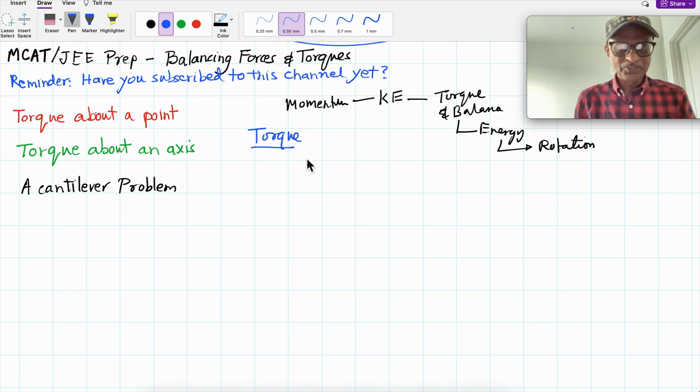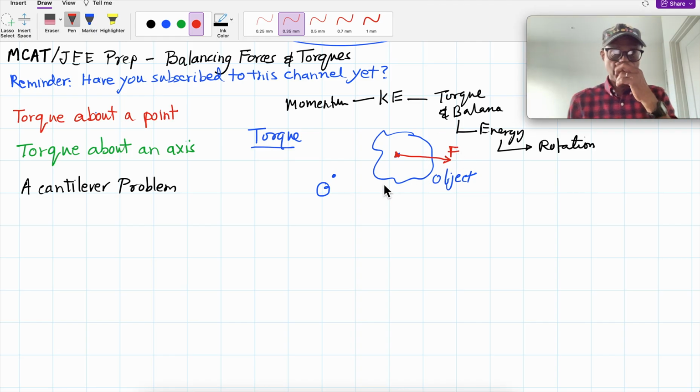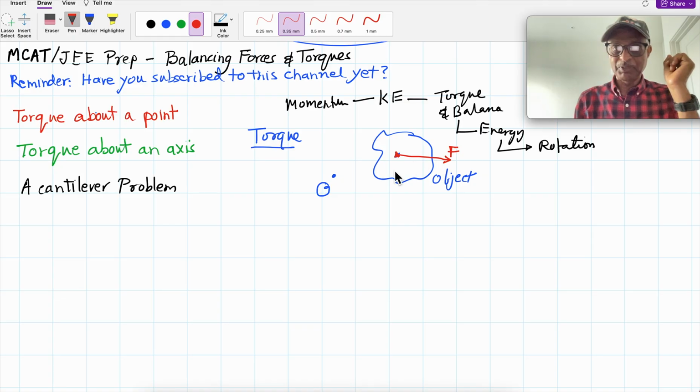Okay, so the algebra part is, there is some point in space. I'm just going to call it point O, and over here maybe there is some body, an object here, and on that object, at that point of the object, there is a force in that direction. Okay, I just randomly picked it.